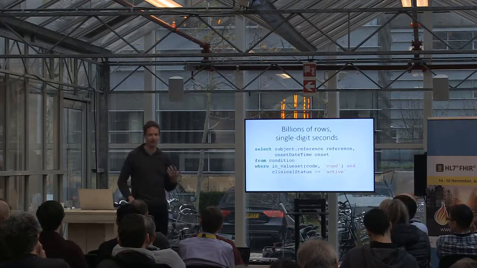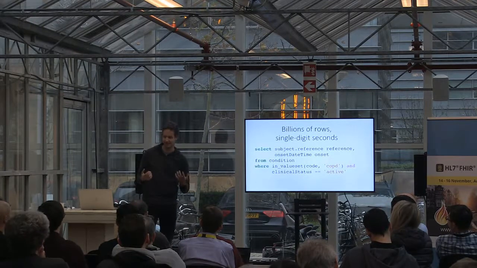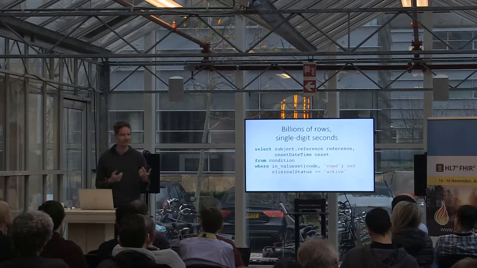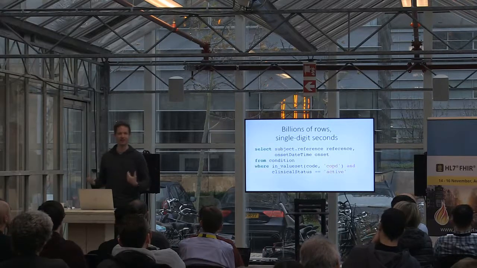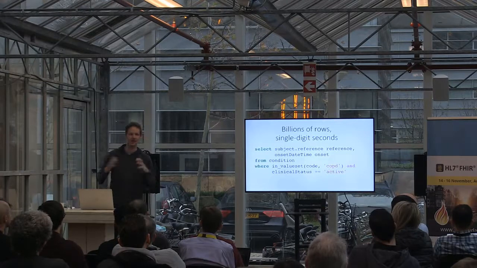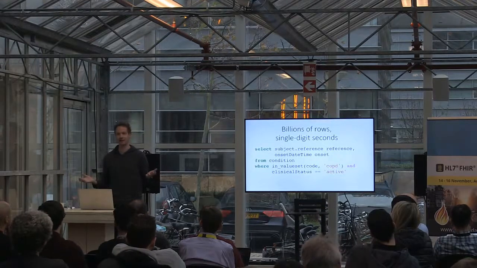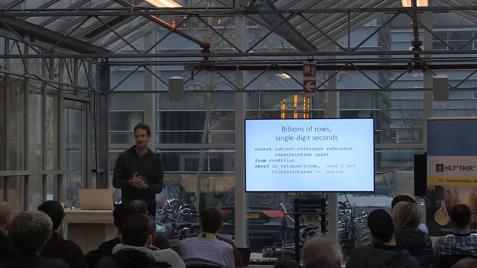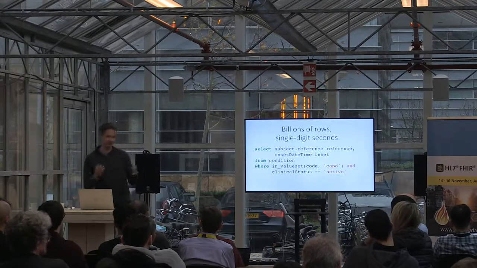In fact, this is one of the core ideas behind this sort of system: there isn't an indexing model on top of it. Because we want to allow our analysts, our users, to ask any question that comes to mind about the data. I don't want to pick up the phone and say, oh, we need to create a new index on this particular table because my queries aren't working.